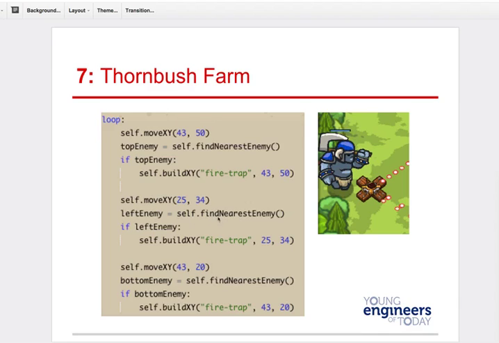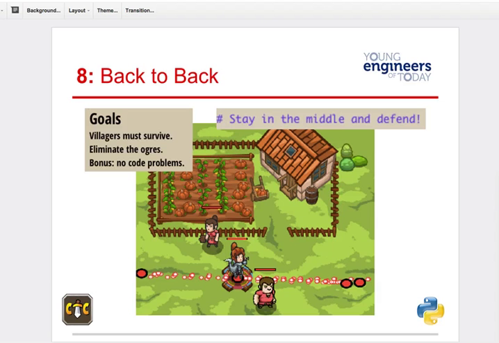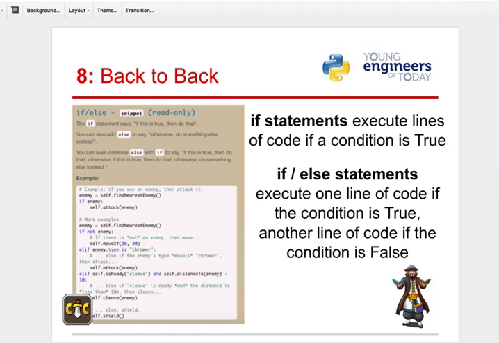Find the nearest enemy. There's the enemy. Build a fire trap based on where that enemy is. And another fire trap. And again, another one of these. Fight the ogres, poor ogres. The if statement happens if it's true.